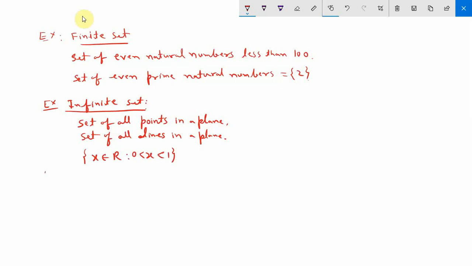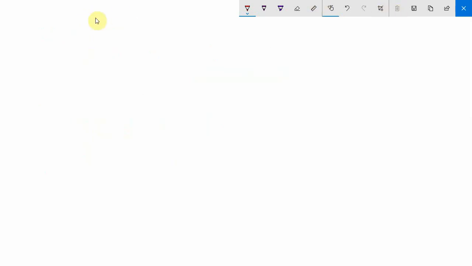Next we will consider the fifth type, equivalent sets. So what are equivalent sets?